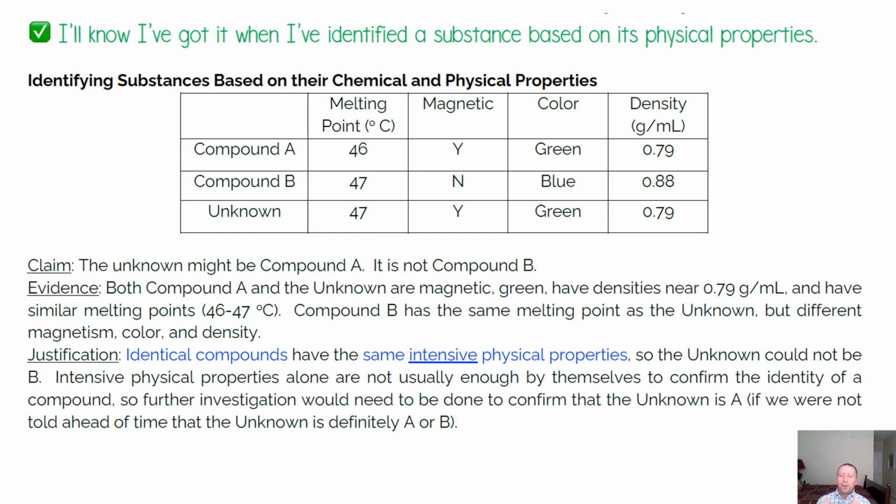Unless we knew ahead of time, like a teacher said, well, look, it might be this or this, choose which one it is, then we would be able to say that the unknown is A. But if we were just out of the blue trying to figure out what the unknown was, and we looked up some data and found that compound A, whatever it is, sodium chloride, matches the melting point, that wouldn't be enough.